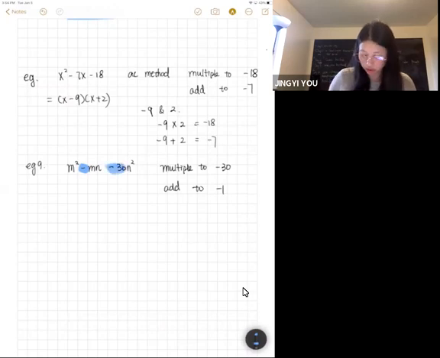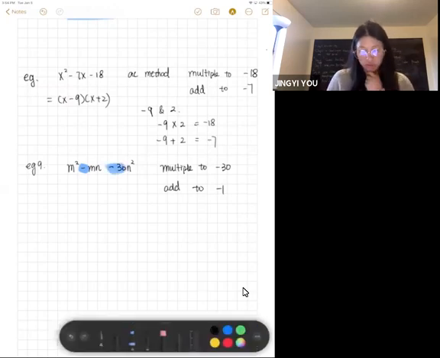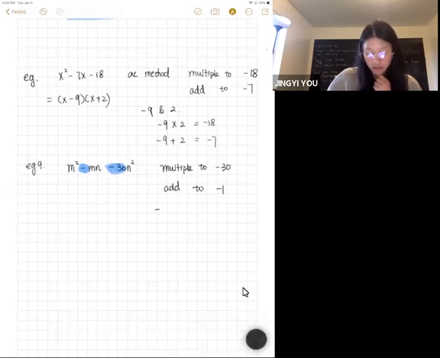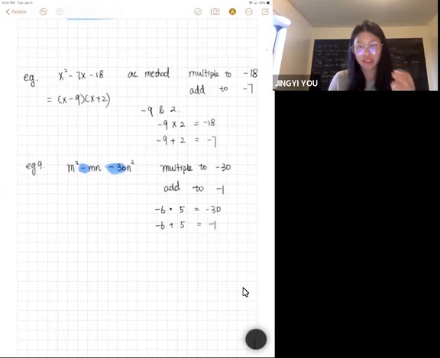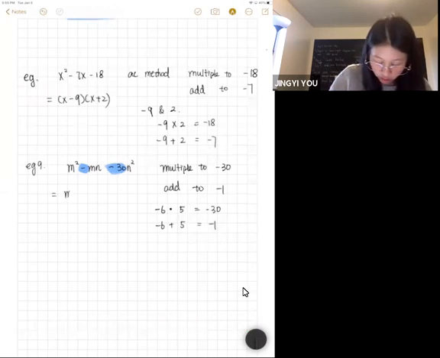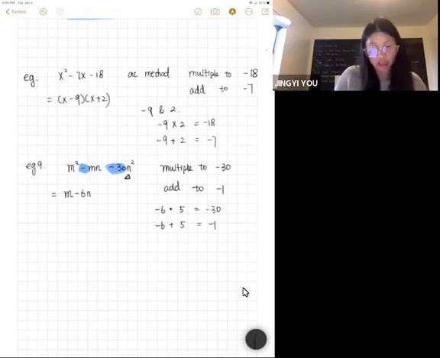Here is negative 13. So which two numbers? I can have negative 6 times 5 is equal to negative 13, and then negative 6 plus 5 is equal to negative 1. So that means negative 6 and 5 are the numbers we're looking for. So the answer should be m minus 6n. Don't forget the n, because the n is in the second term, the third term. And then m plus 5n.